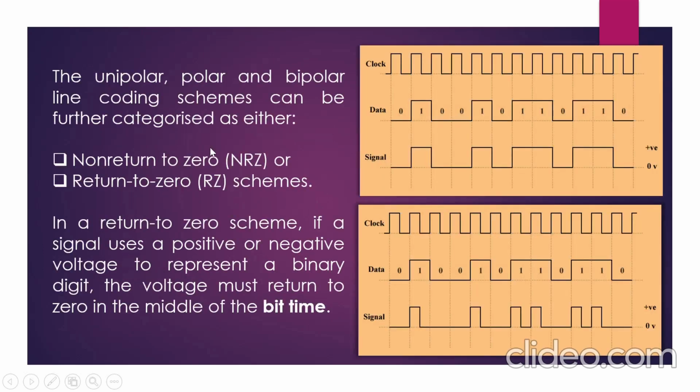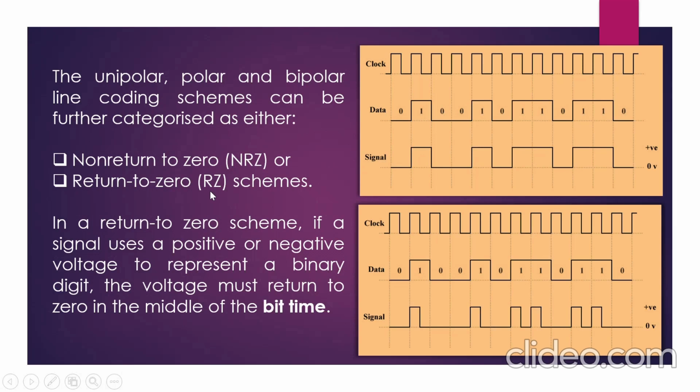Before that, the unipolar, polar and bipolar line coding schemes can be further categorized as either non-return to zero or return to zero, in short known as NRZ and RZ.